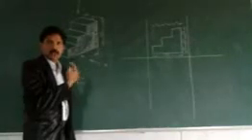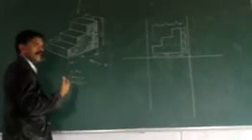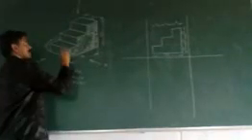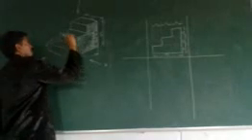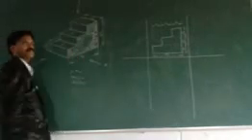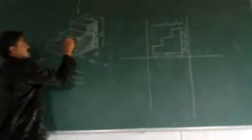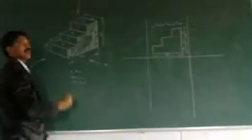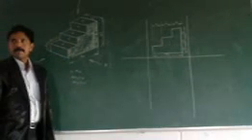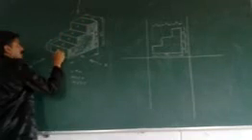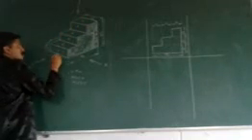Next, let us concentrate on the top view. In the top view, we will get 3 rectangles. See here, I am going to take this one: 1, 2, and 3. This is not visible, and this is also not visible. Why? Because when we observe from the top direction, this line coincides with this one.